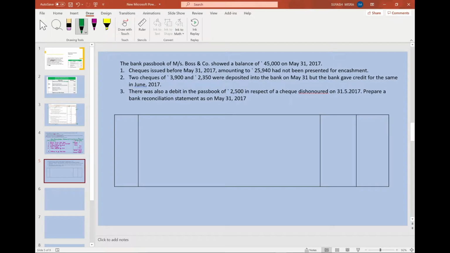Here, the bank passbook of Messrs Boss and Company showed a balance of 45,000 on 31st May 2017.